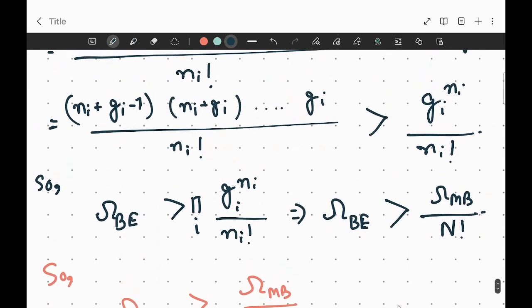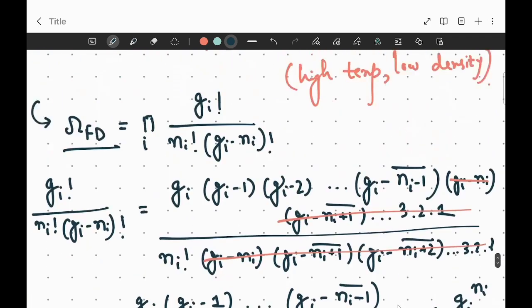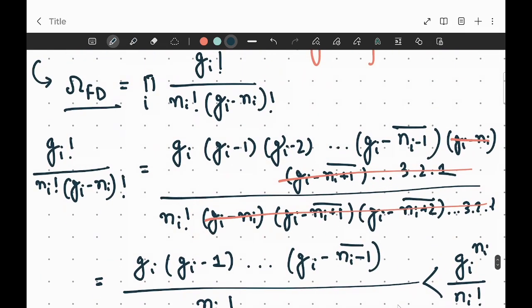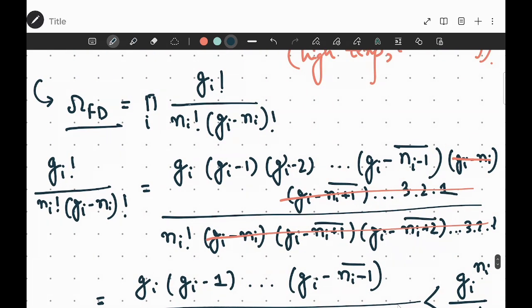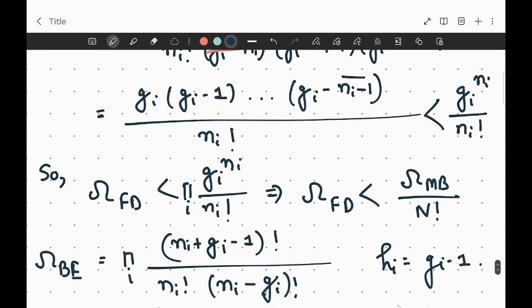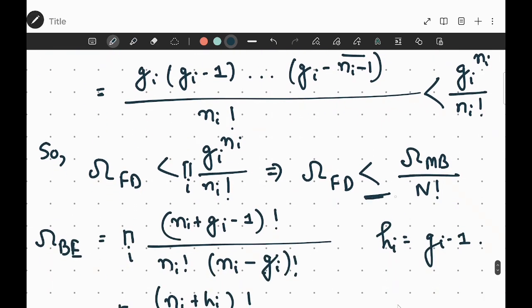Here, if you ignore this Ni, then it will be just 1 by Ni factorial, right? But that is okay. I want to say about this inequality sign. What can you say about this?